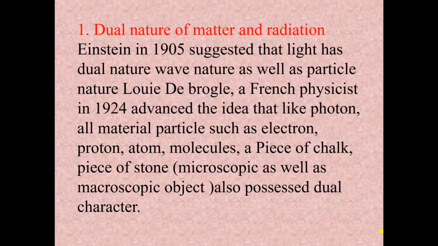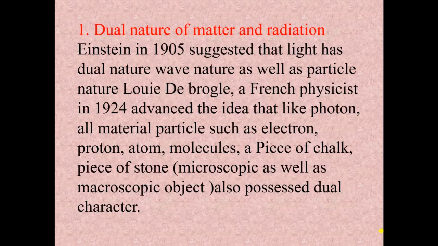Einstein in 1905 suggested that light has dual nature, wave-like nature as well as particle-like nature. And Louis de Broglie, a French physicist, in 1924 gave his theory, and according to his theory, all the materialistic particles like electrons, protons also possess dual nature.